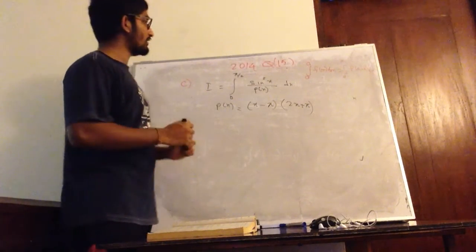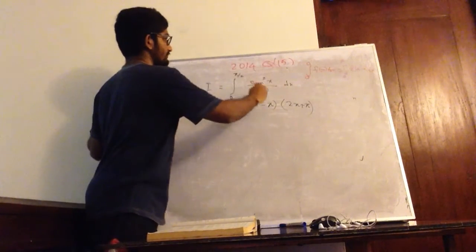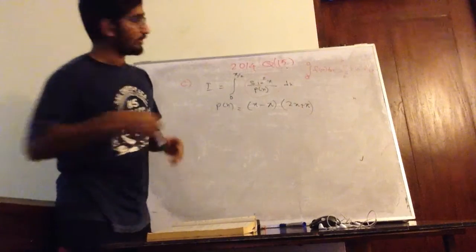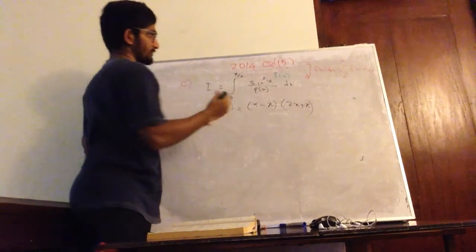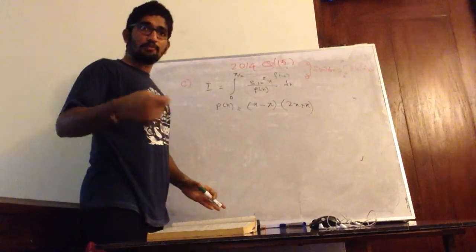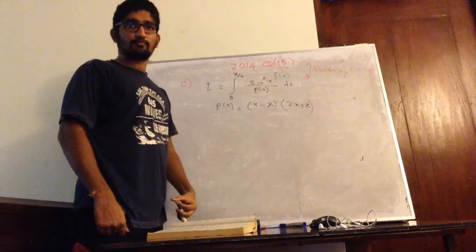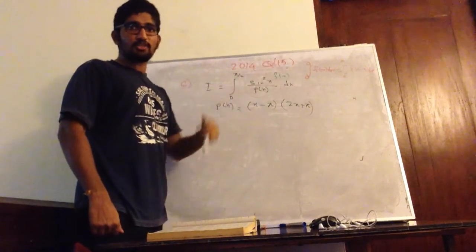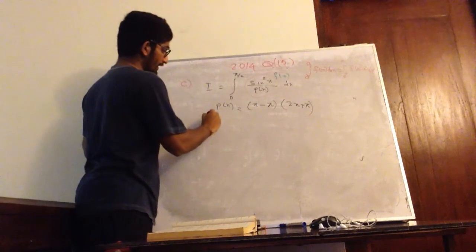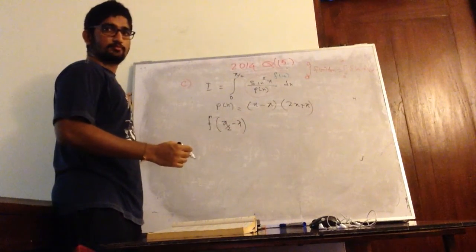I'm going to name this part f(x). So what I'm going to do is find f(pi over 2 minus x).